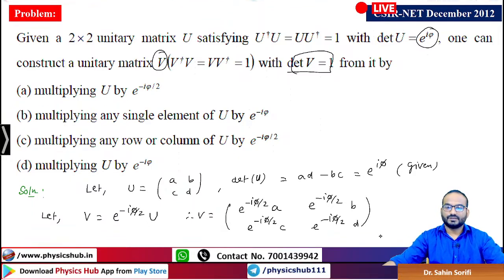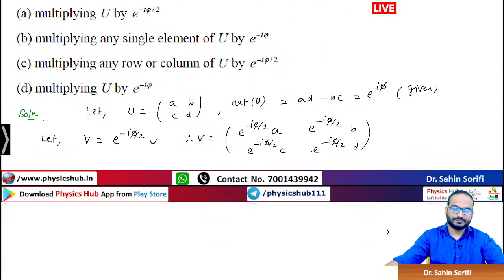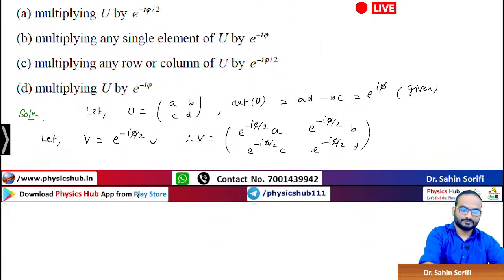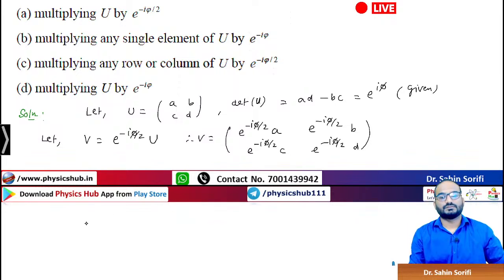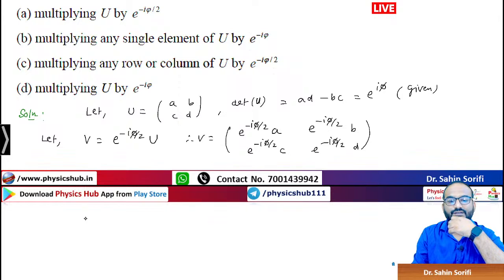Okay. If you calculate the determinant, what do you get? If we get determinant of V equals 1, then this is the correct answer.